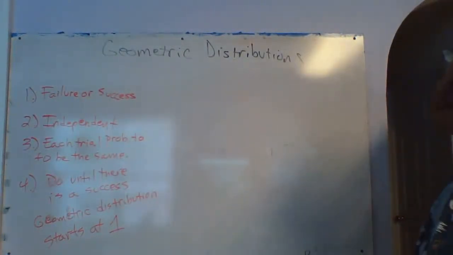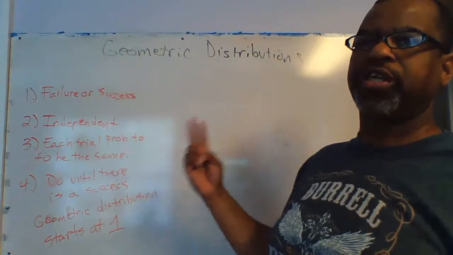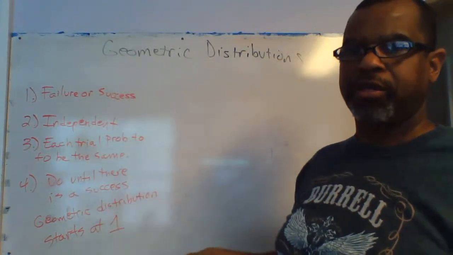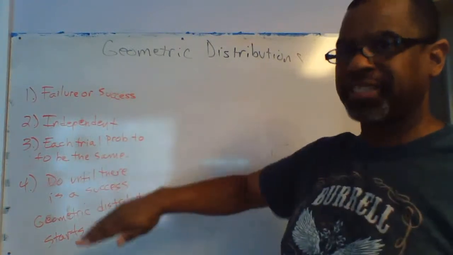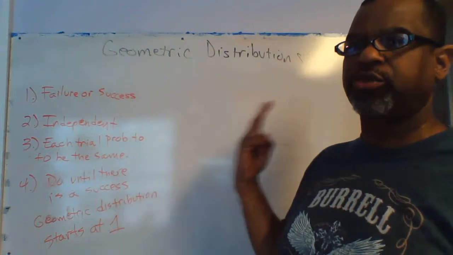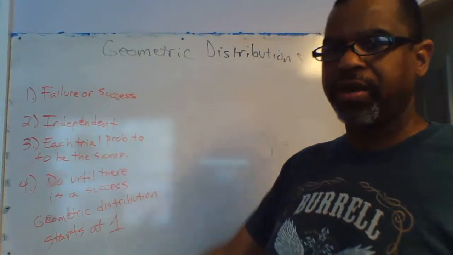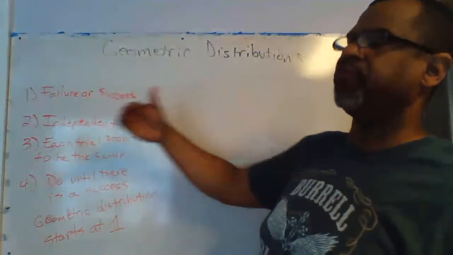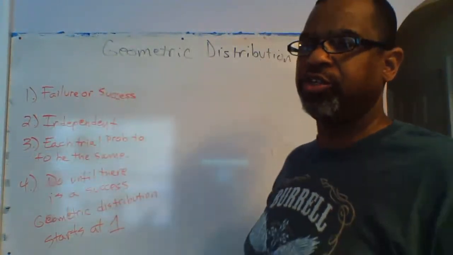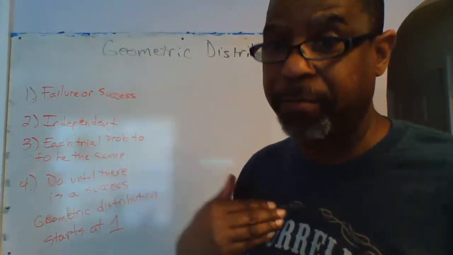So your geometric distribution, you do it until there's success. In other words, you know how I talked about if I give you 2 chances to pass a test, you take it the first time, you don't do well, you fail, you redo the test, and you pass it. You got a fixed amount of times you can do it. That's twice. But geometric, you're gonna do it until you get a success. It means some people I may give you 4 tries to take the test. I'll give you 5. Just do it until you pass the test. That's a geometric distribution. I'm not gonna do that, but I'm just saying.